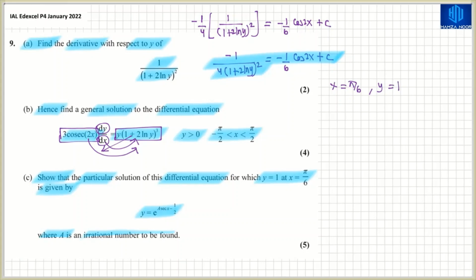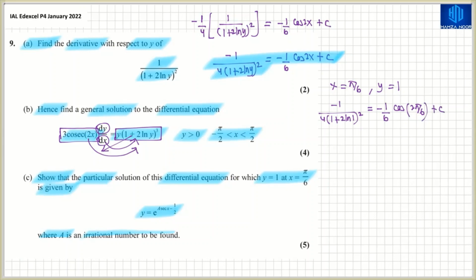So therefore, minus 1 upon 4 times 1 plus 2 ln 1, this is whole squared, and this is equal to minus 1 over 6 multiplied by cos 2 pi over 6 and then plus c. So first of all, we are going to find the constant term over here.